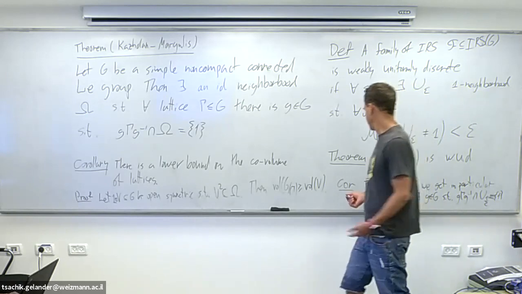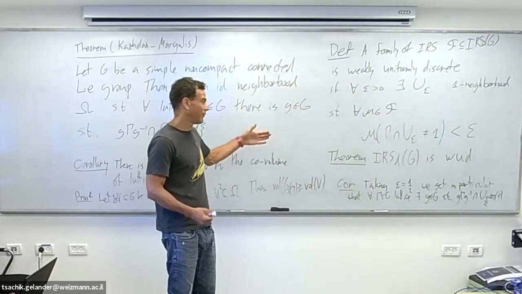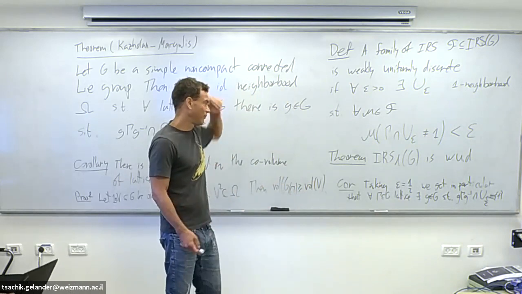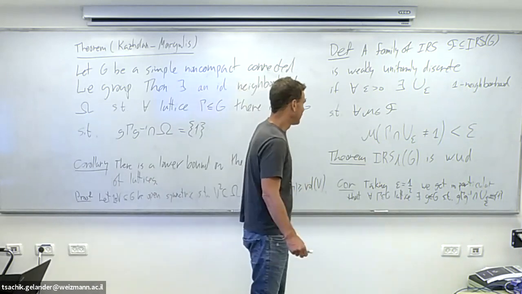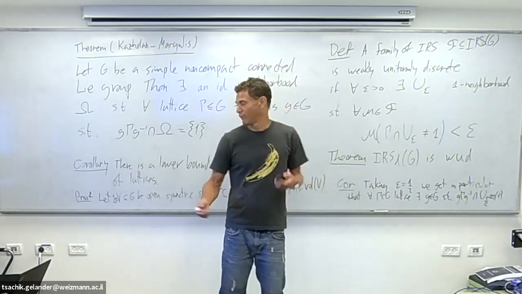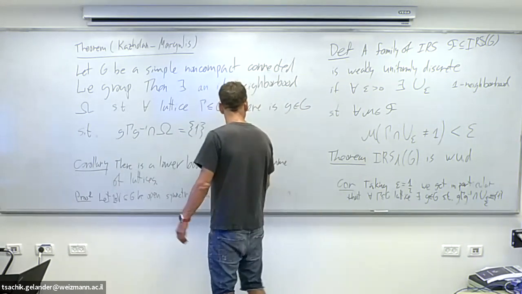So you see it implies Kazhdan Margulis. With probability half, a conjugate will be good. And it actually gives something stronger than Kazhdan Margulis, even when you restrict yourself to lattices.